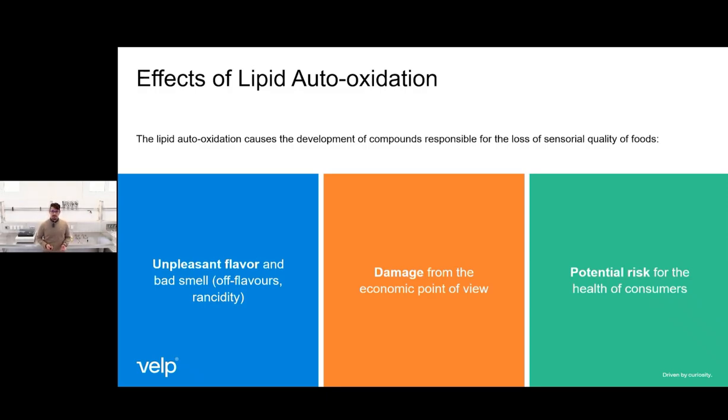This deterioration has a direct economic impact, since products may lose their market value or become unsellable. Moreover, some oxidation products may even pose a potential health risk to consumers. Therefore, understanding how and when oxidation occurs helps producers better predict and extend the life of their products.